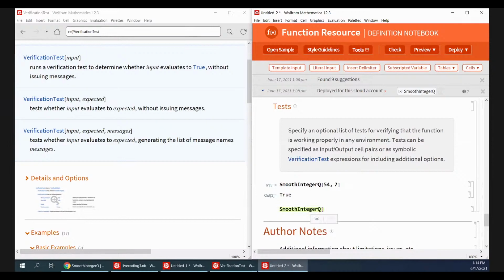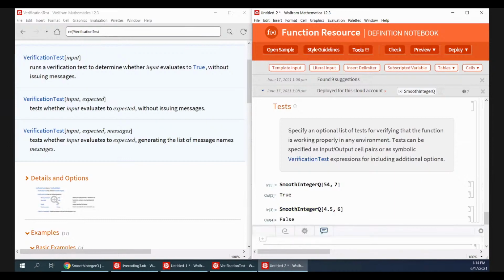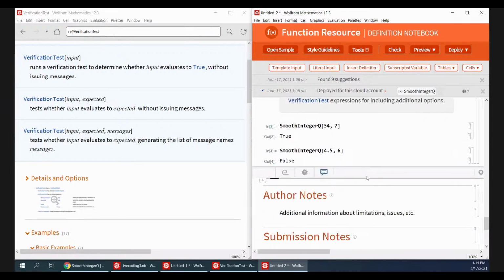But a lot of times more sophisticated tests require using verification tests. Xander's going to submit a generate smooth numbers function. Oh. So we'll have something to test it with too. Right. Okay.